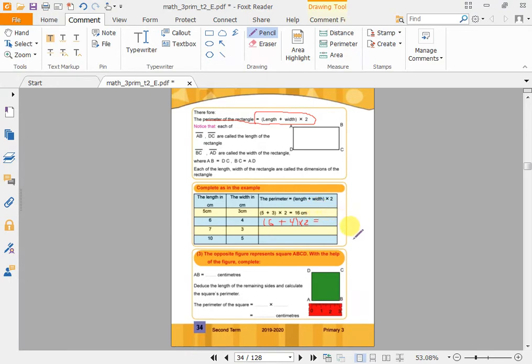And the result is what? 20. 20 what? 20 centimeters. Okay, try this one and this one by yourself.